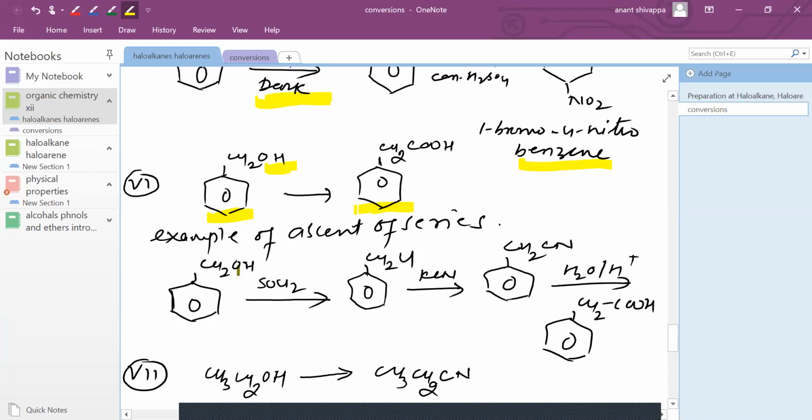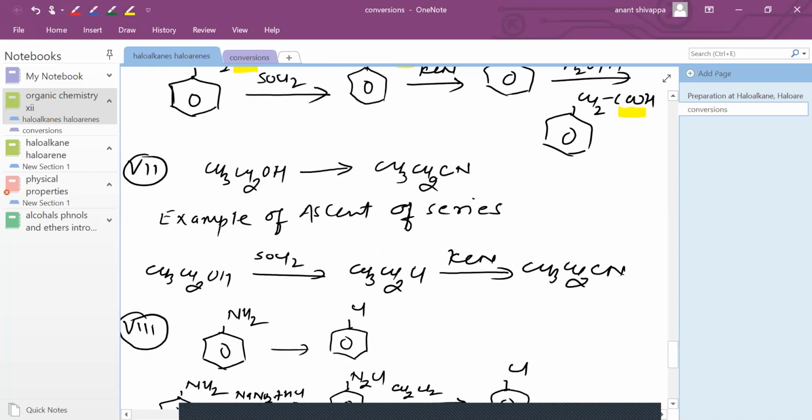First alcohol is converted into halide. And you know that the side chain gives the same reactions as alkanes. So this OH is replaced by Cl when it is treated with SOCl2. Then Cl is converted into CN, and then CN can be converted into acid directly by complete hydrolysis.